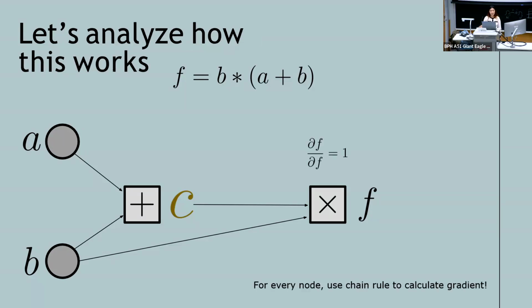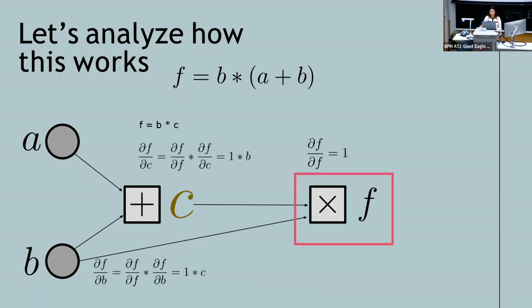Then we start with the final node, that is f. We know that the gradient of f with regards to itself is simply 1. Then we use the chain rule to calculate the gradient in the backward path. After we calculate the gradient of f, we go to C and B in reverse topological order.